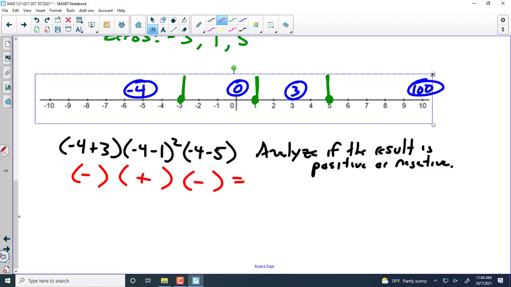Two negatives cancel each other. Result? Positive. Here's my promise to you: any number you picked over here, -5, -6, -7, -20, negative a million, negative a billion, if you plug that in here, you're not going to get the same number every time, but I promise you this: you'll always get a positive answer. So that means positive, which means above the x-axis.